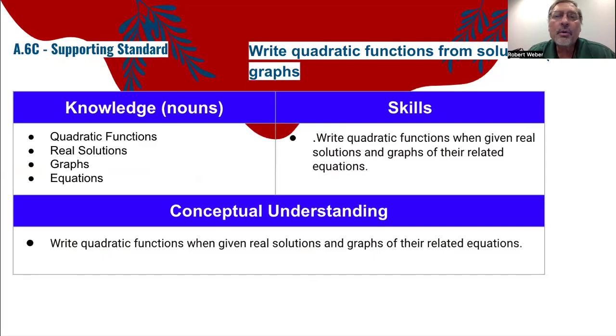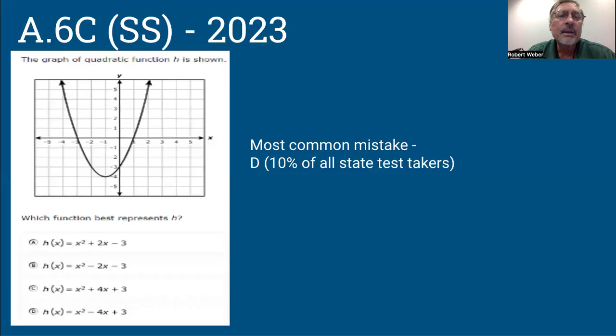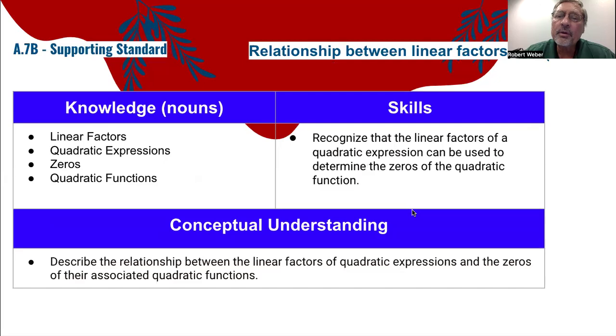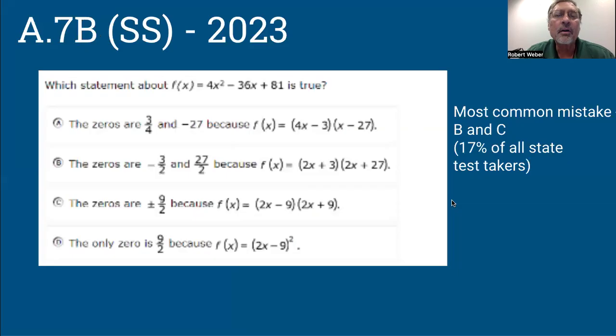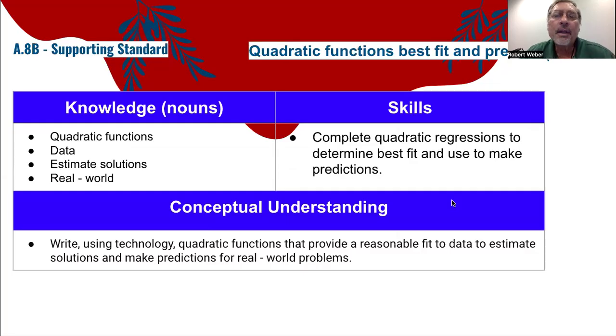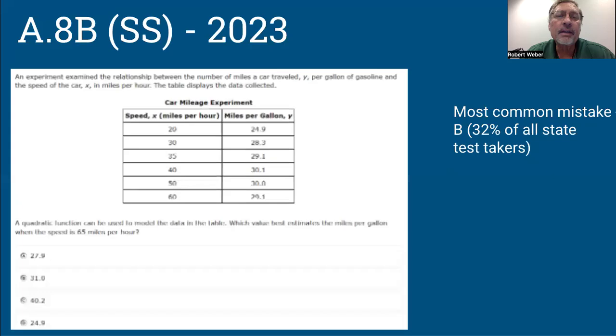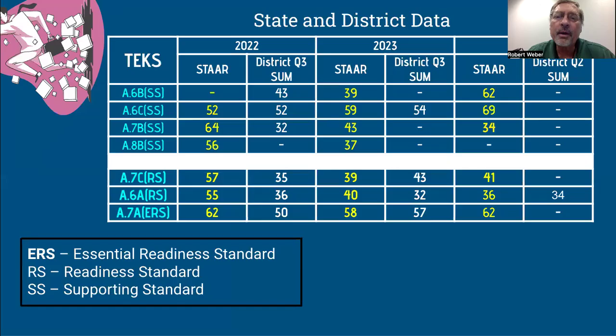Taking you into quadratic functions from graphs. And I see I'll need to do a little cleanup on this slide. I see some things that need to be corrected, but this is quadratic functions, real solutions, graphs, and equations. Example problems, of course, from the STAAR released are all listed here for you to take a look at. Quadratic best fit, an example release problem.